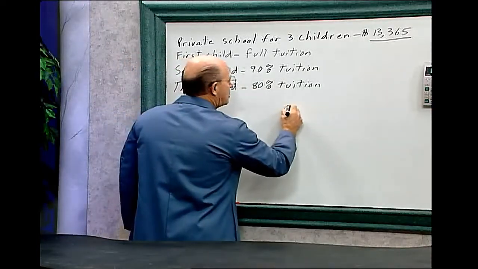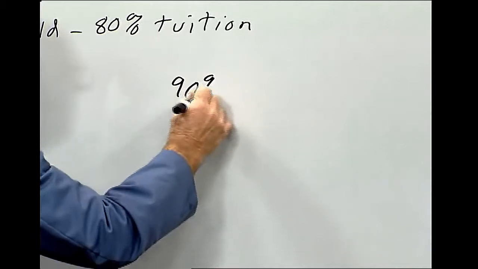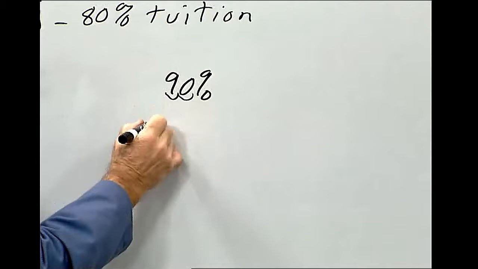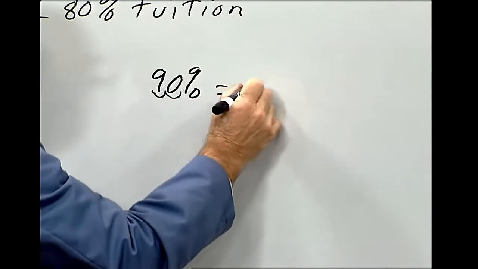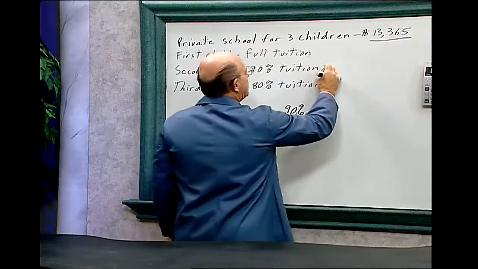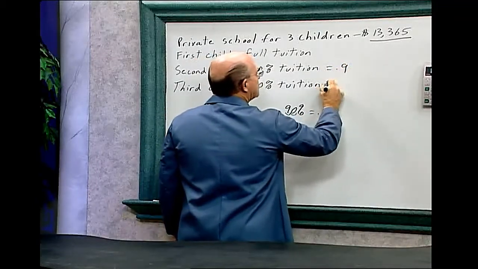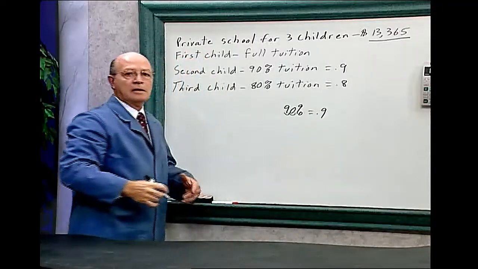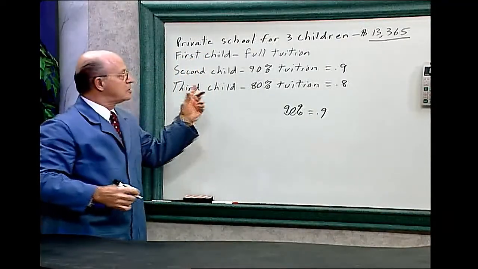So 90%, remember, all we have to do is move the decimal place 2 places, and that equals 0.9. So we can use the calculator. So this will equal 0.9, and we do the same thing for 80% equals 0.8. Now we'll make an algebraic formula out of this problem.